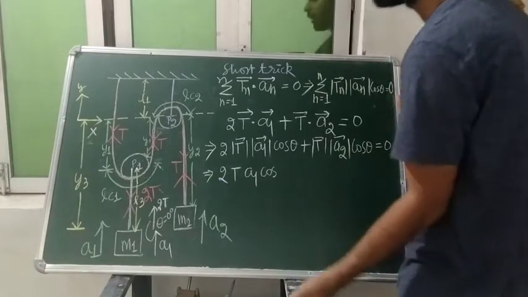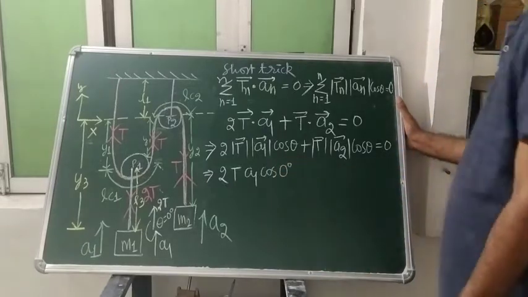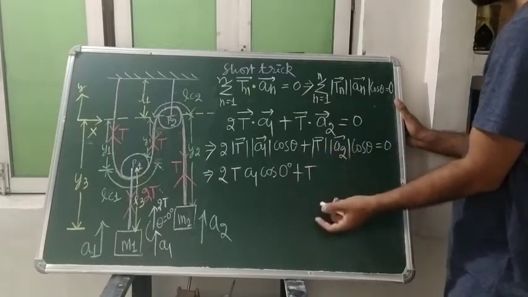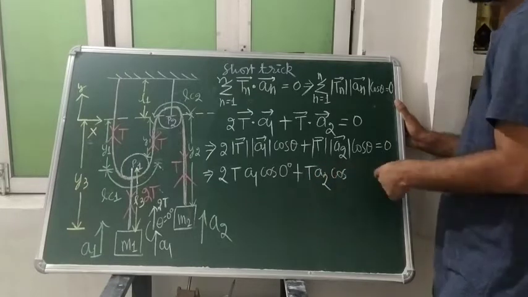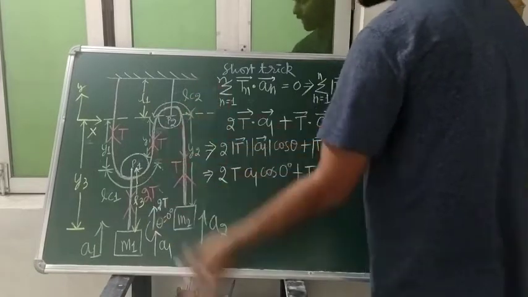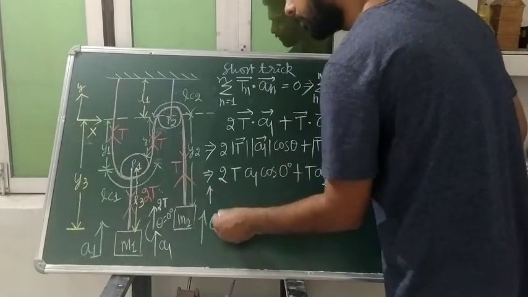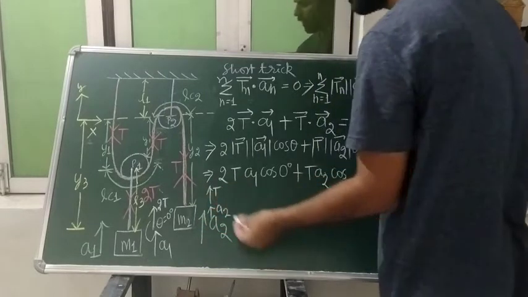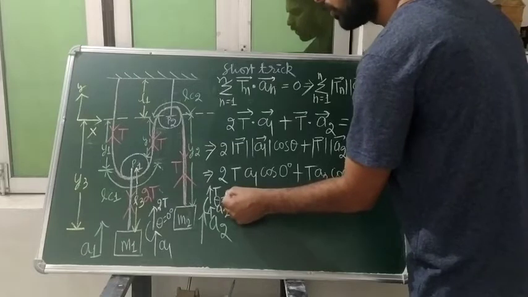Two vectors are in the same direction on the same line of action, so the angle between them is 0 degree, so we get cos 0 degree here. And plus this, the magnitude of the tension vector is T, the magnitude of the acceleration vector is A2. Tension T is acting upside for the block, and A2 is also acting upside, in the same direction on the same line of action, so the angle between them will be equal to 0 degree.